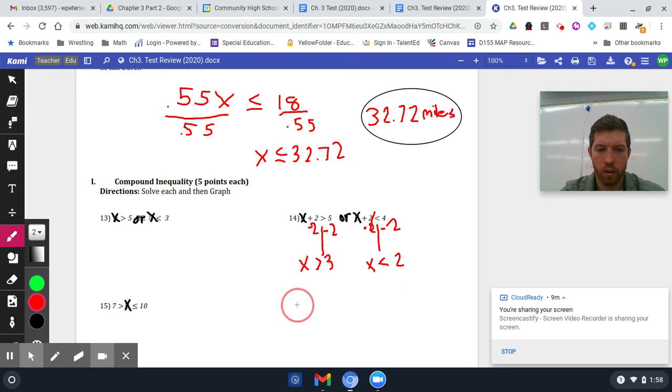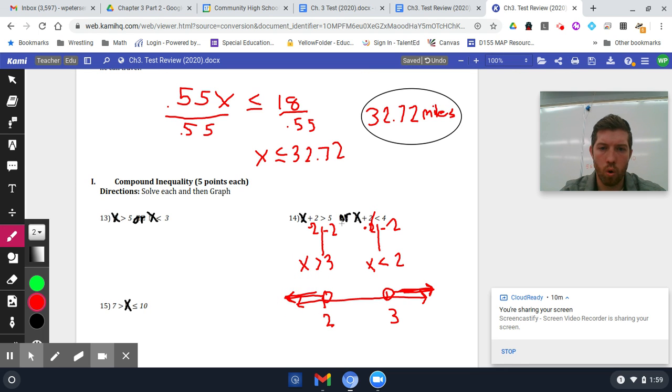All right, so let's put these on a graph. We have our number 2. We have our number 3. This one is going to be an open circle. x is greater than 3, so it goes this way. And x is less than 2, so it goes this way.